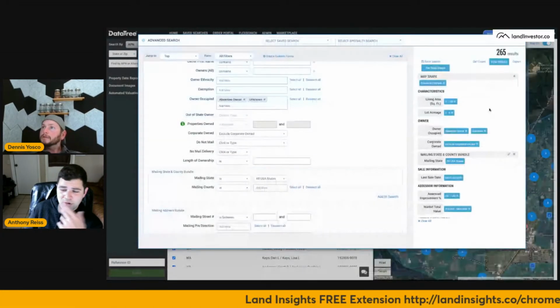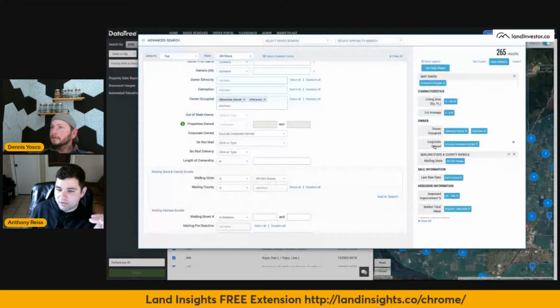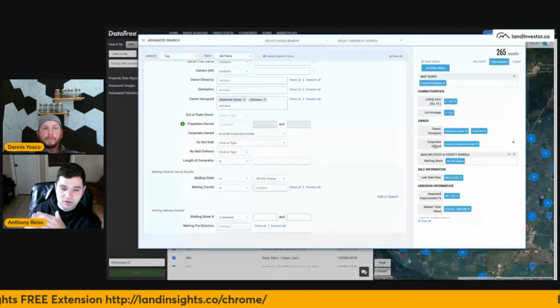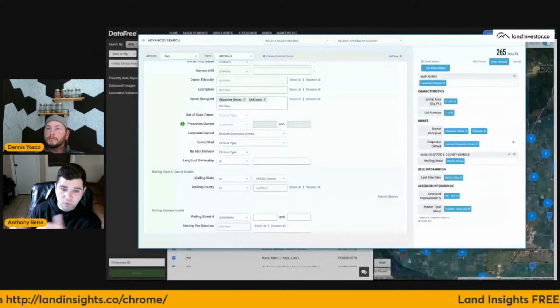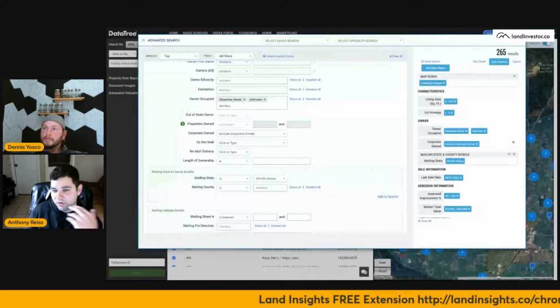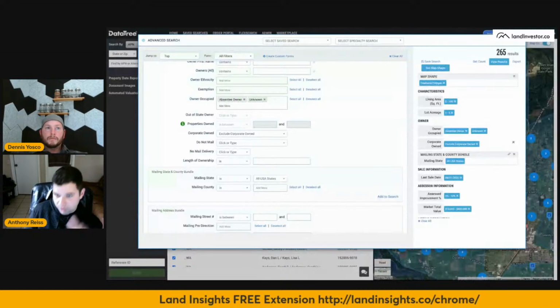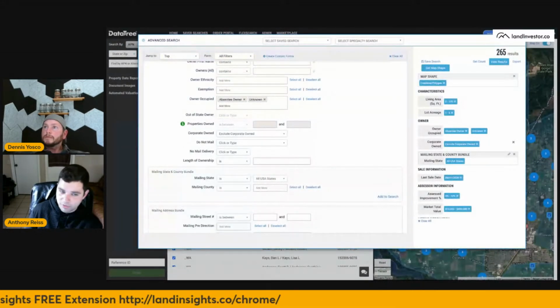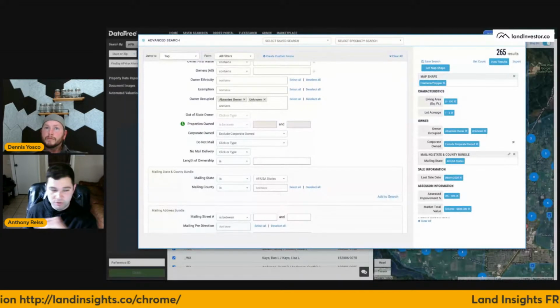Corporate owned, I'm just excluding that right now. I don't always exclude corporate owned. It depends, and keep in mind, a lot of these filters are subjective to the area you're in. They don't always work, but this will help you whittle it down. These things have to be thought through, but for the sake of reducing the amount of records in this general vicinity, I'm excluding corporate owned, though I don't always do that, and it's not gospel truth.